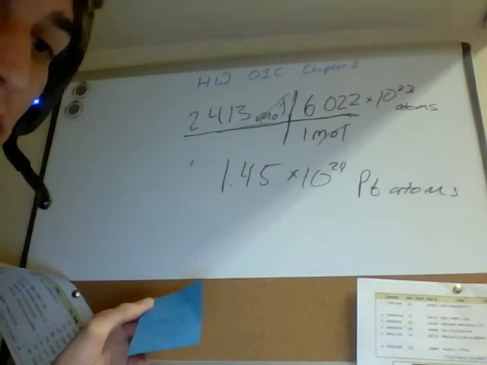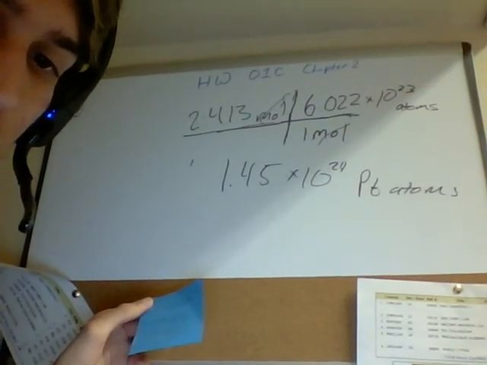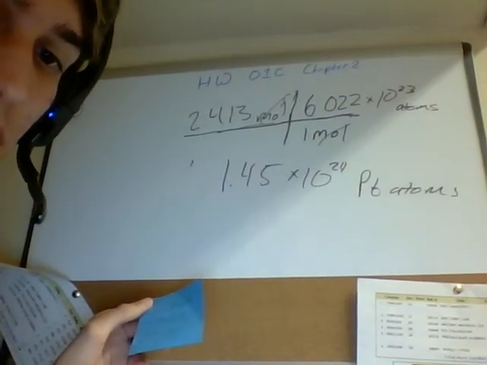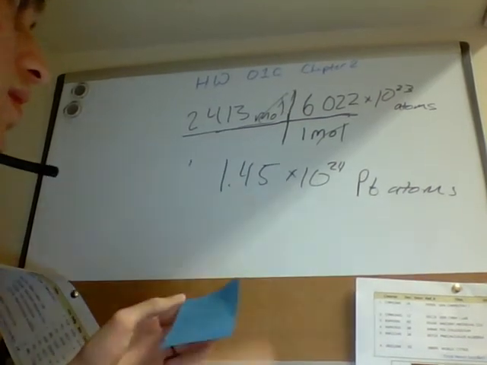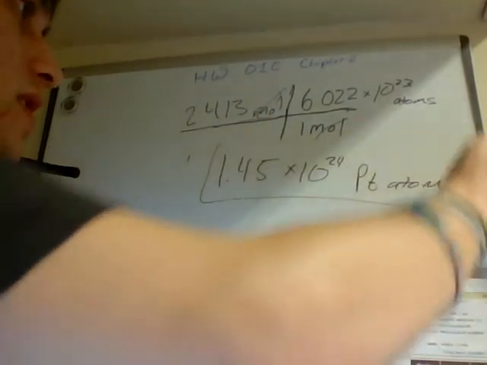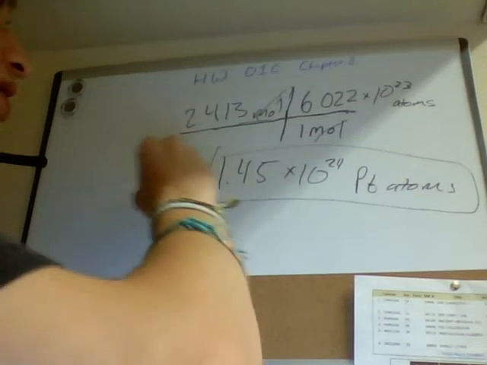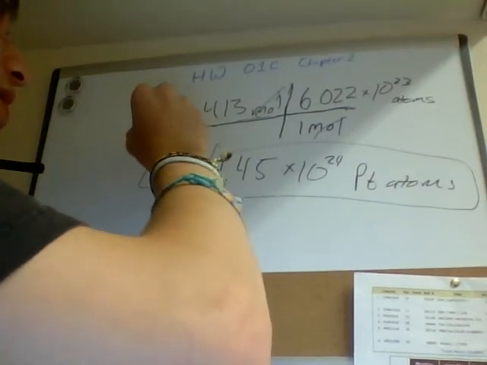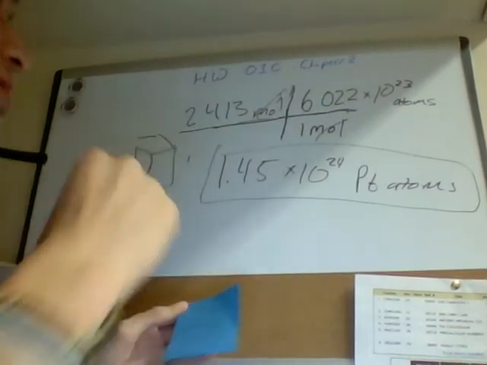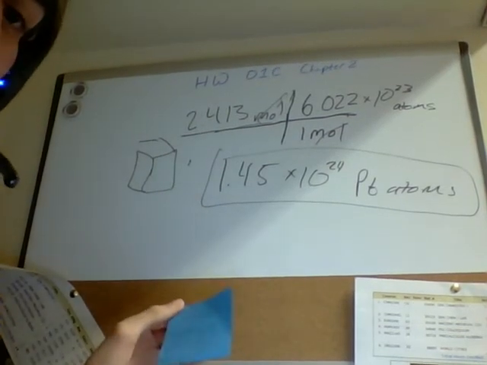I really hope that's visible. I'm going to check, make sure. Yeah, you can see that. All right, so that's part A. That's how many atoms there are in the cube that we had earlier. That's pretty simple. You're basically just using the conversions.